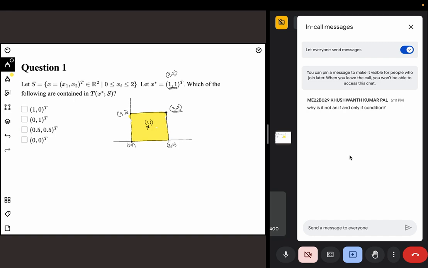No. If I am at some point here, you're saying (1,0) is a vector like this, (0,1) is a vector like this, (0.5, 0.5) is a vector like this. How will it be in the tangent cone? Yeah, it's an extreme point, right?